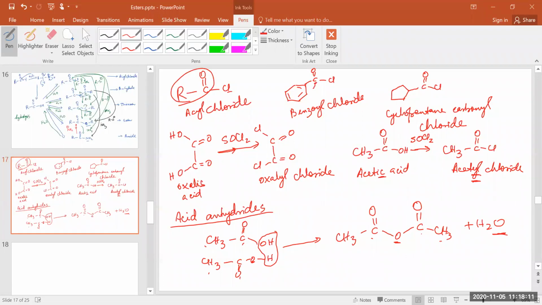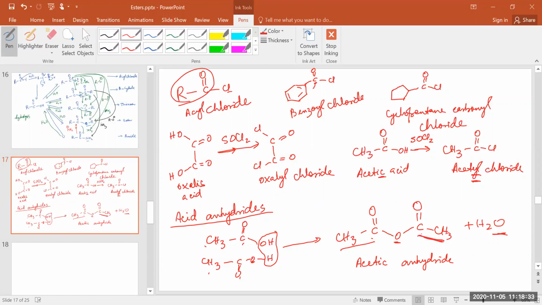So what is the acid here? Acetic acid. So this will be called acetic anhydride. Remove the word acid and just say anhydride, because both sides are symmetrical.